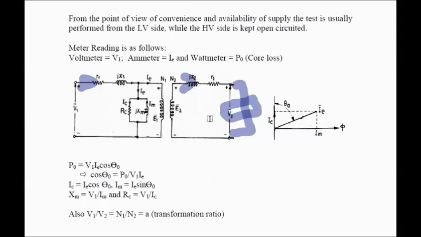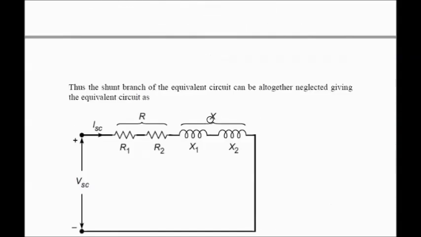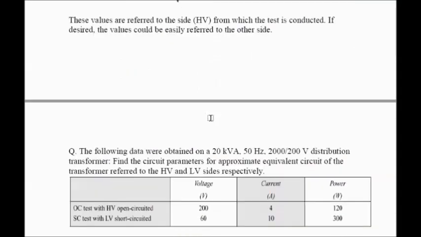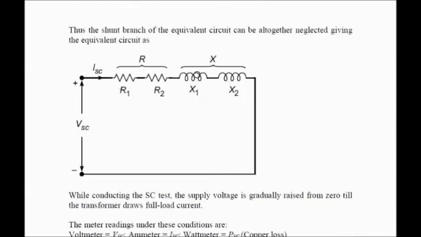Or if I have an equivalent circuit, like this, and from the transformer ISC current is flowing, then overall copper loss will be ISC square into R1 plus R2.